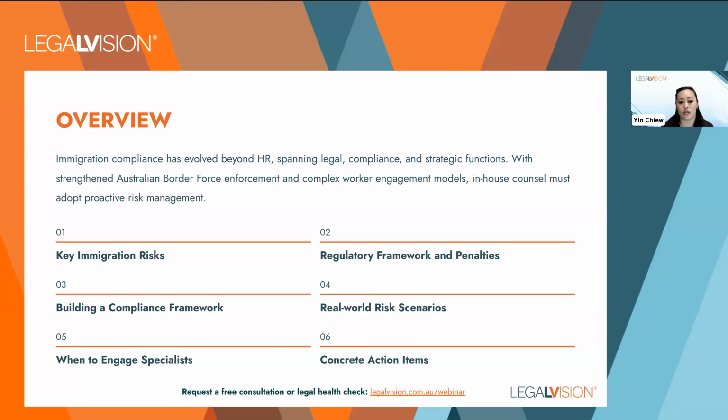There's a lot of issues these days because you're dealing with a lot of complex situations: understanding the appropriate visas that the employees hold, global mobility issues, intra-corporate transfers, and obviously the tenure and employment of a sponsored employee as well.